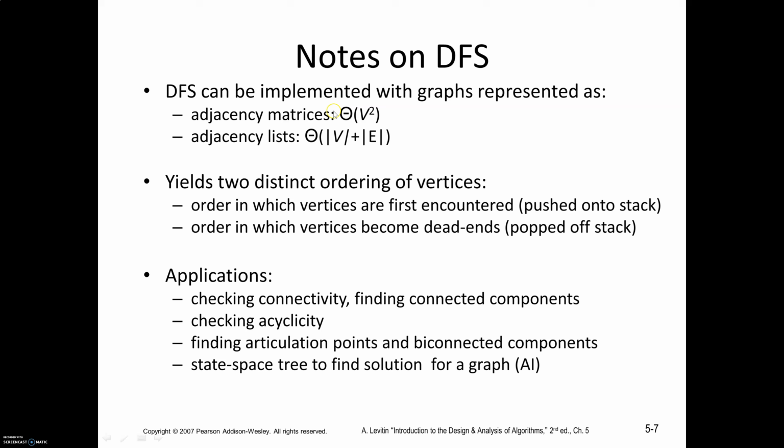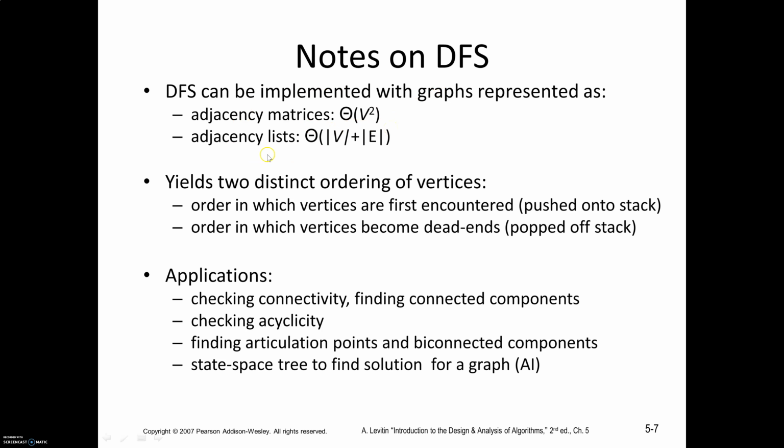So the DFS algorithm can be implemented with graphs represented as an adjacency matrix or adjacency list. If you have implemented the graph using an adjacency matrix, then the DFS algorithm complexity is theta of V square.